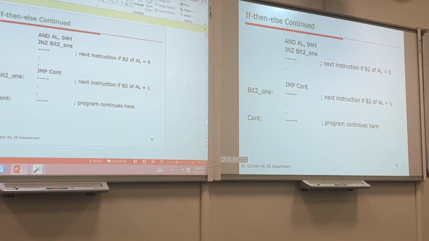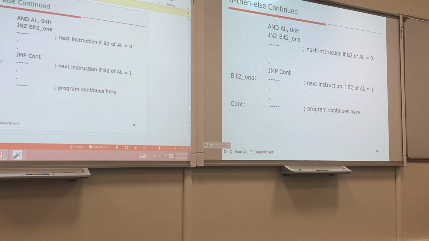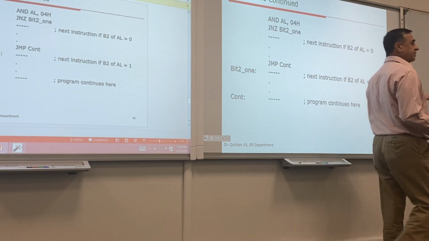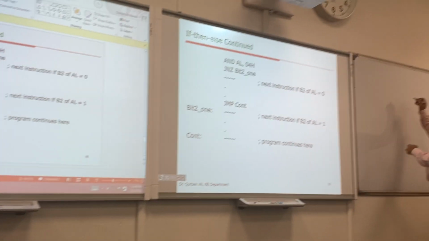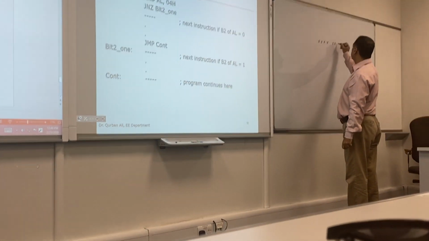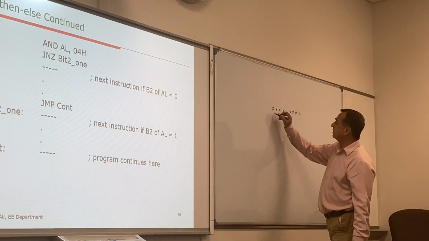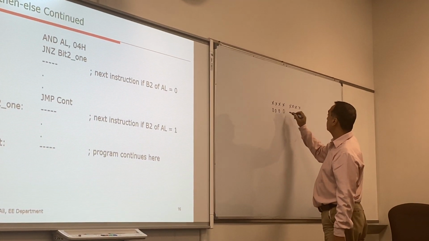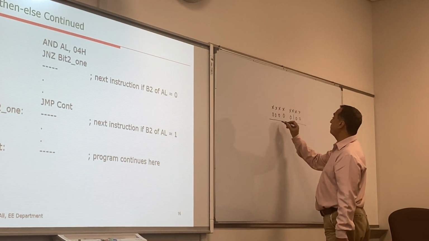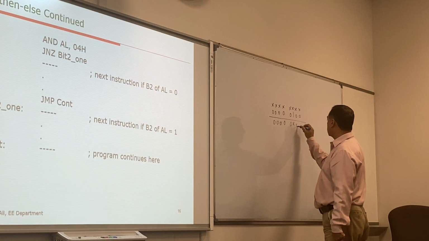AND operation AL with 04. Now, what does the AND operation do? You know the AND operation, right? AL is a byte. 04 is, so everything is 0 except this one.